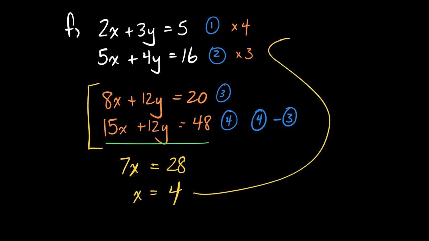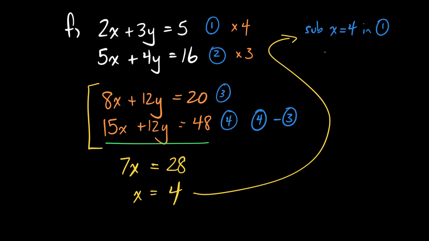Okay, I'm going to wrap my solution around because now I need to sub x equals 4 back into, and as I stated previously, go back into one of your originals because you know those things are true. So I'm going to sub it back into equation 1 because equation 1 just has smaller numbers.